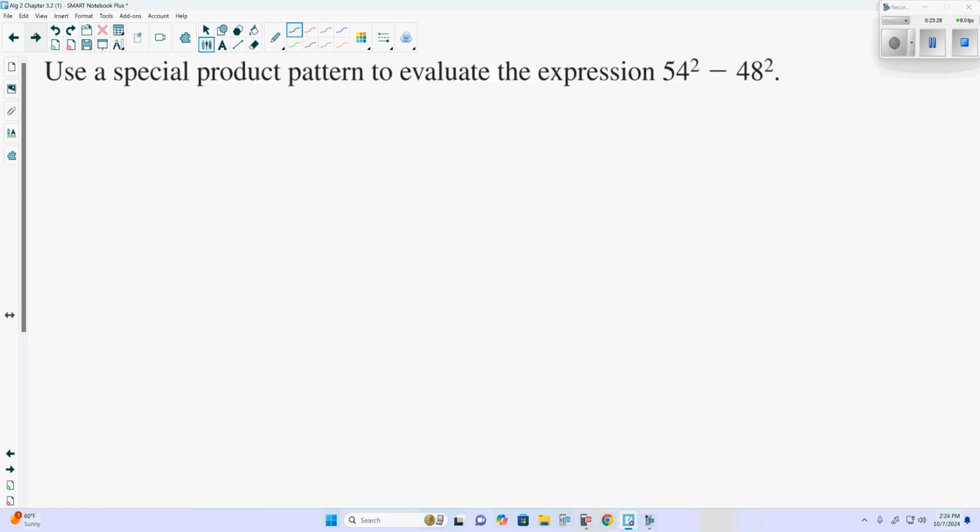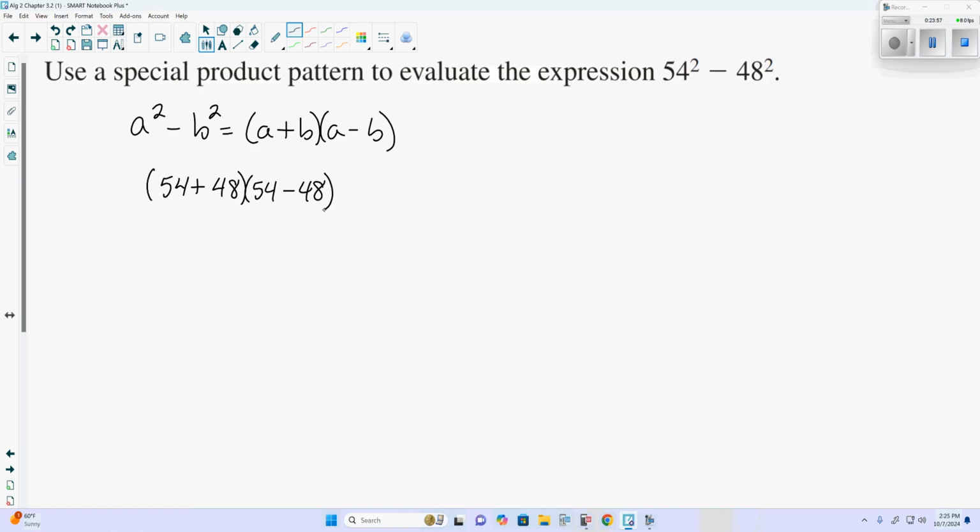Use the special product pattern to evaluate the expression 54 squared minus 48 squared. Well, the special product pattern is what we've been using this entire lesson. A squared minus b squared is equal to a plus b times a minus b. Well, a in our case is 54. B in our case is 48.